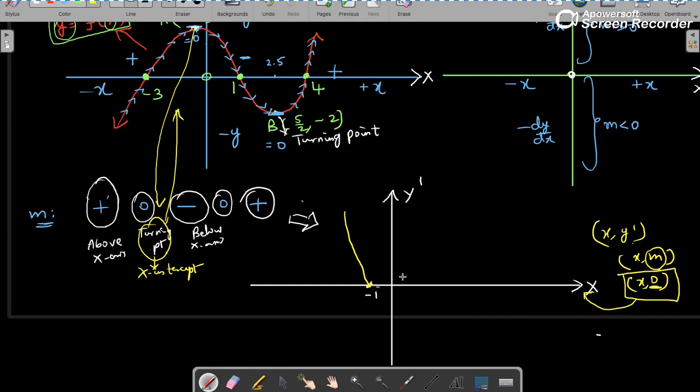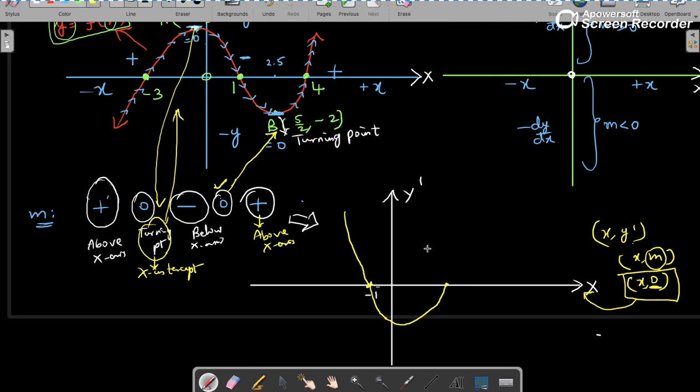So this becomes an x-intercept, and after this we have a graph below the x-axis until it reaches the next x-intercept. This next x-intercept comes out here at 2.5 because slope is 0. So this has to go until 2.5. And after reaching 2.5, the graph goes to the positive side, because positive means again above the x-axis.